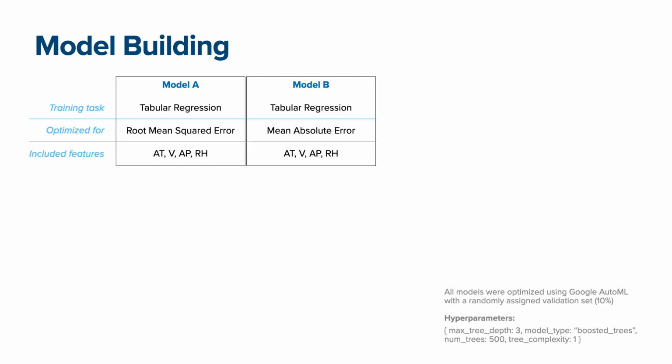In order to select and build and train the models, I started with two models, A and B, that would optimize for the root mean squared error in model A and the mean absolute error in model B, but use all four of the features that were in our data set.